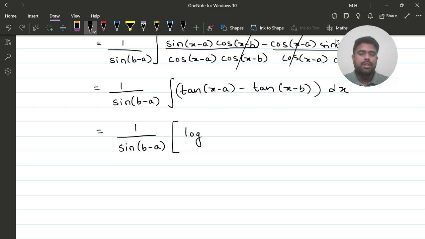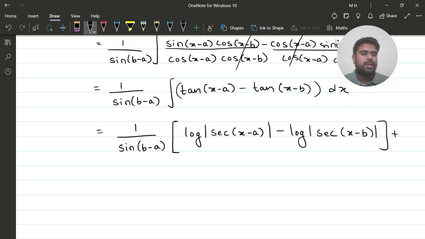It is log sec x. So log mod sec of x minus a, minus log mod sec of x minus b, plus c, right? So the integral of tan x is log sec x, that is what we have got.